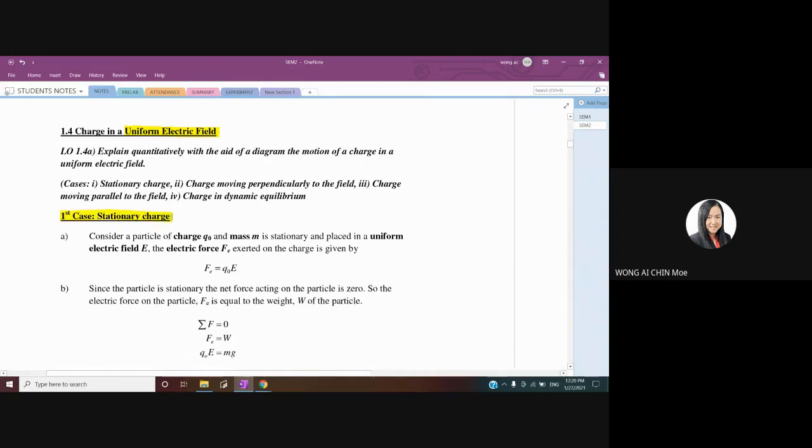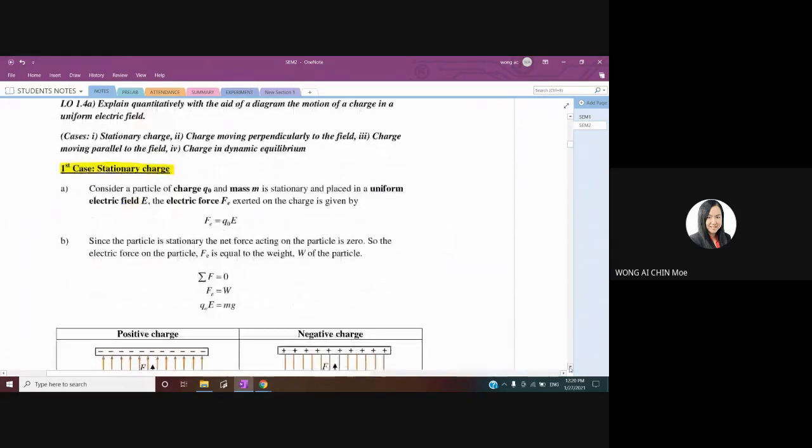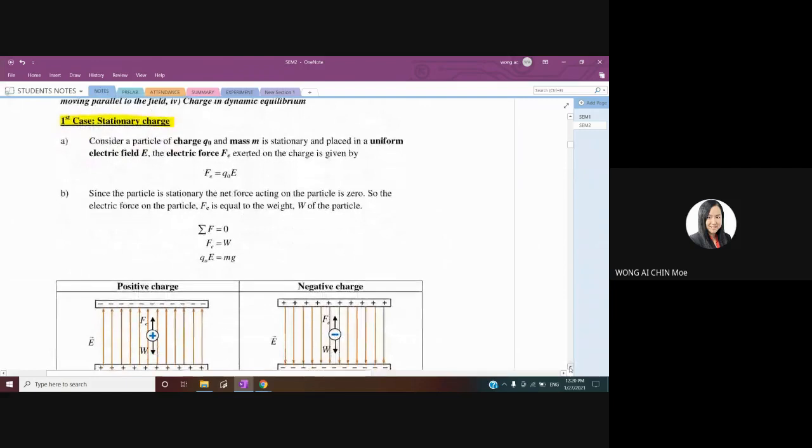The first one is the stationary charge, meaning that initially the charge is not moving. The charge here may be a positive charge or a negative charge, depending on the question. Consider a particle of charge q and mass m that is stationary and placed in a uniform electric field.